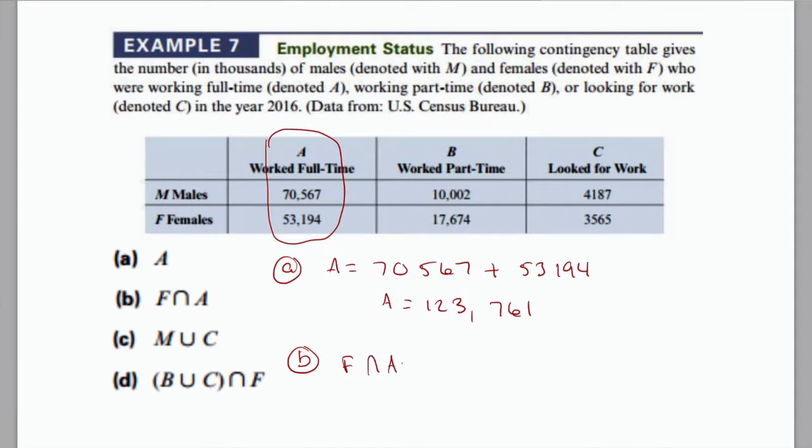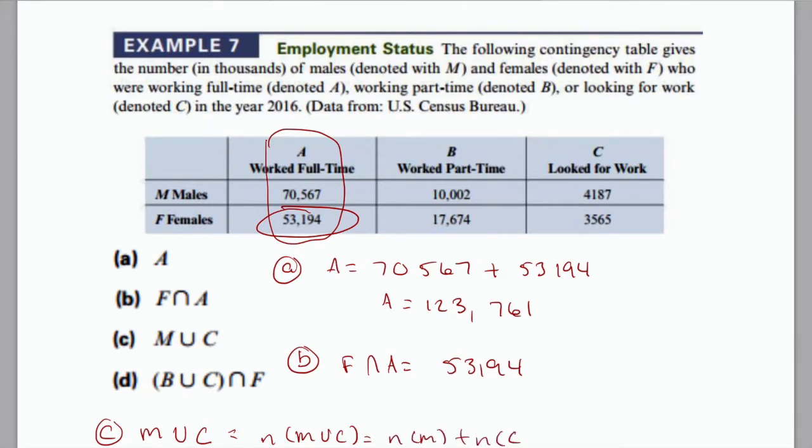For B, F intersection A would be 53,194, which is full-time females. For C, males union C. So we have n(M union C), males union looking for work, equals n(M) plus n(C) minus n(M intersection C).